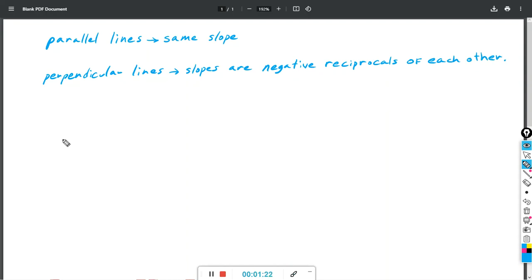Okay. Now, there's two steps to finding the negative reciprocal.